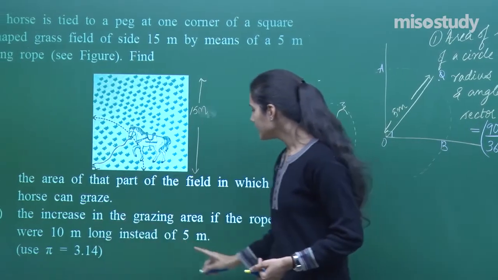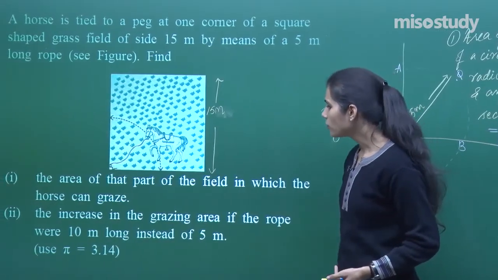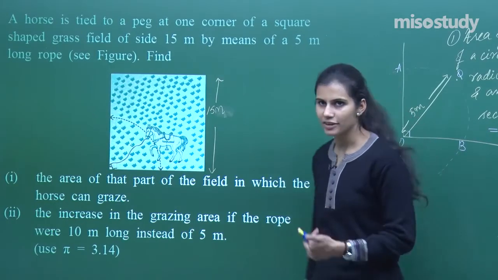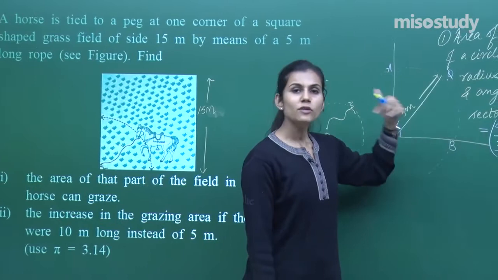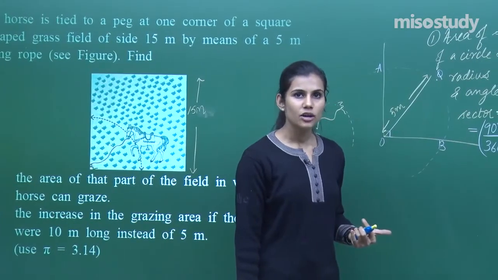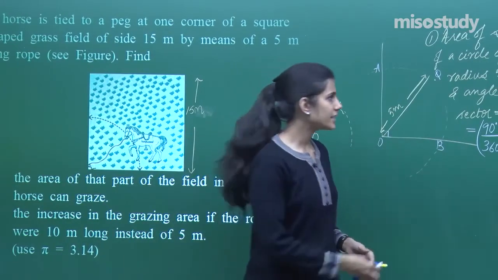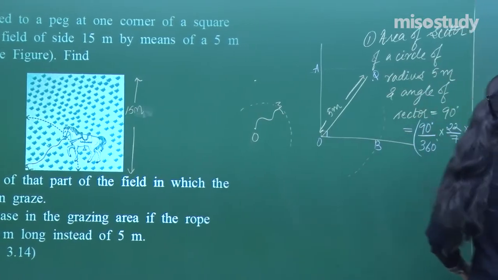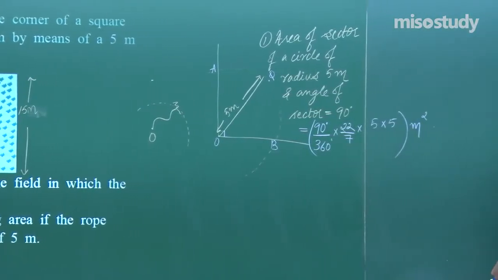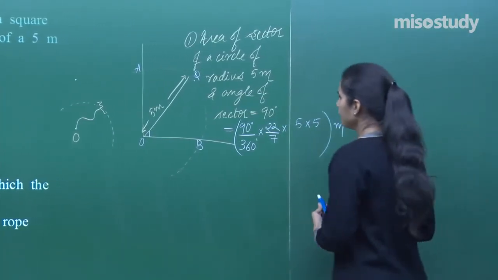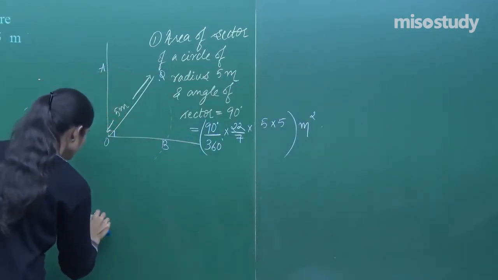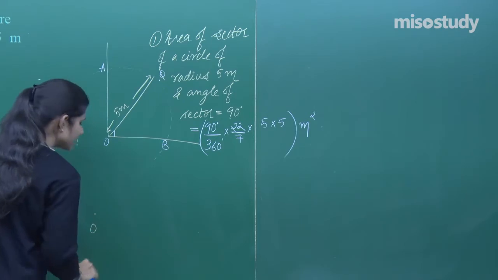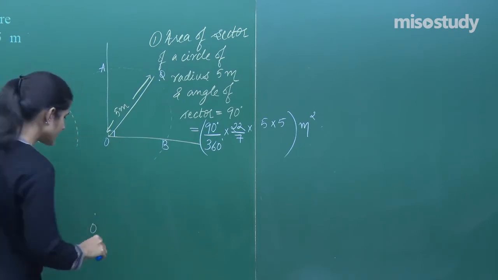What will be the increase in the grazing area if the rope was 10 meters long instead of 5 meters? If the rope would have been 10 meters long, then what would have been the area of the square field in which the horse can graze? It's very simple. If the rope would have been 10 meters long, then say this is the point to which the rope is tied.